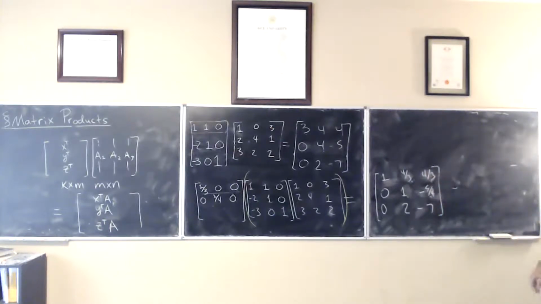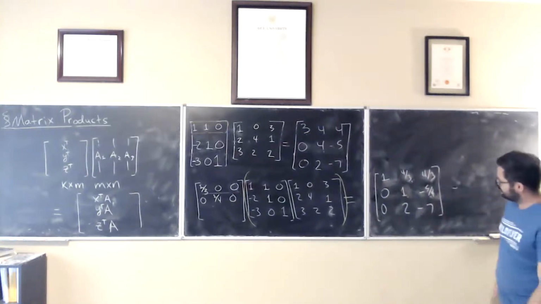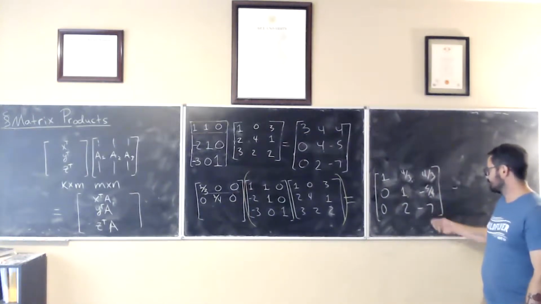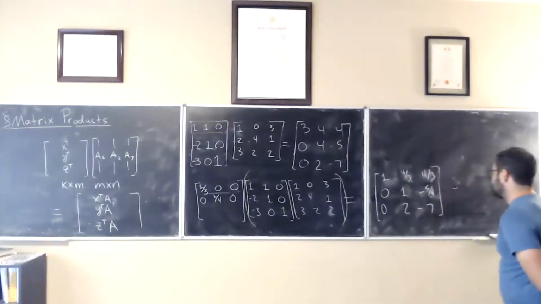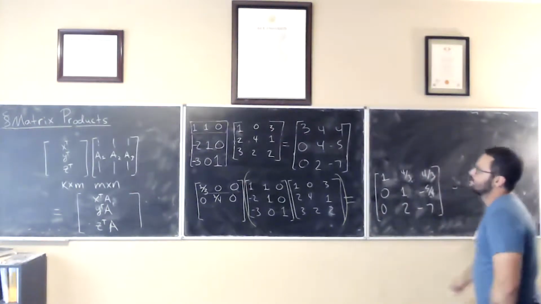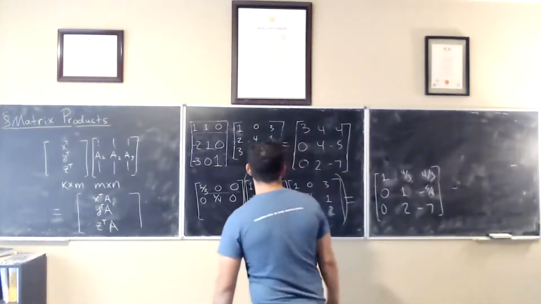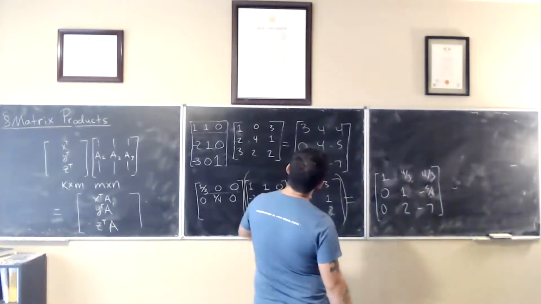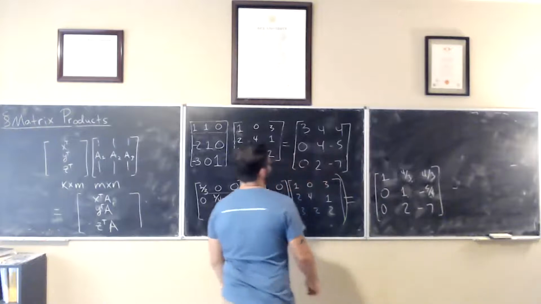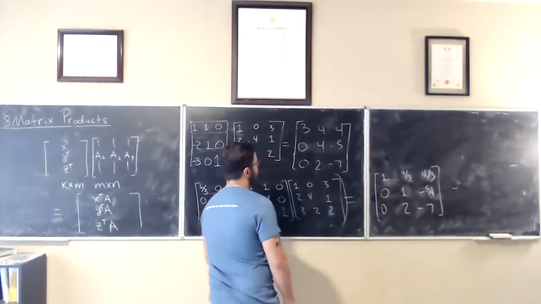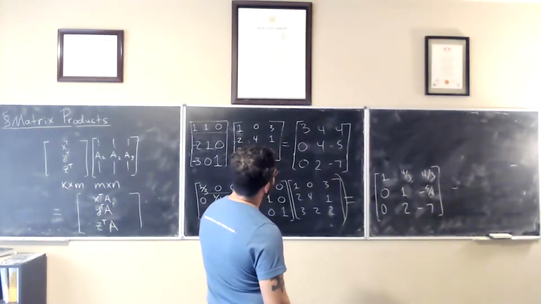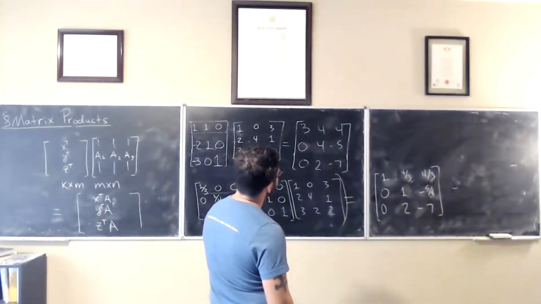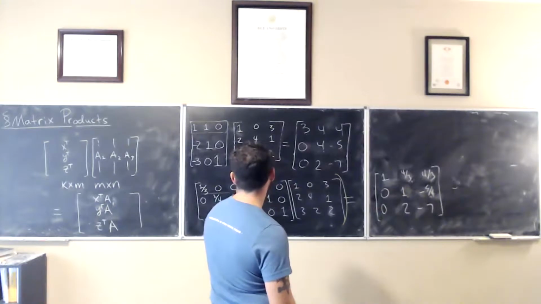And because I want this to be like the identity matrix, I want to make that a 1 eventually. But maybe first, I want to look at this and see what I can do.